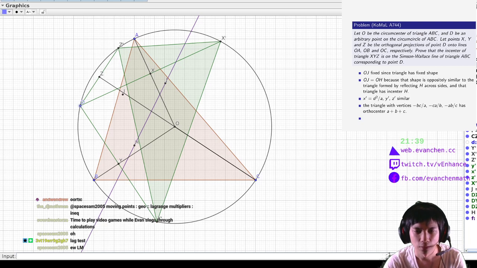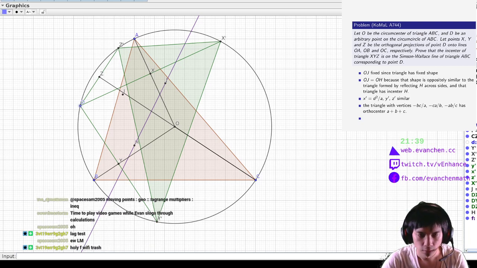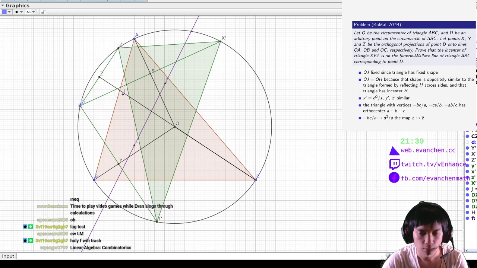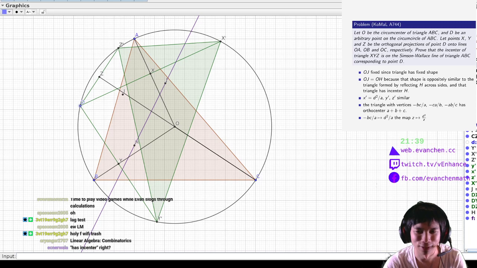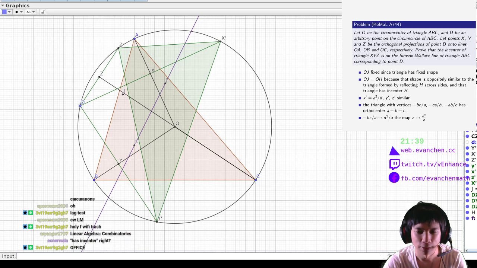No. D squared over z. Sorry, not conjugate. D squared a over bc. Oh, that's a mistake. This should be a squared over d. Ah, so I can't even do one-term complex bashes correctly. Okay, so d squared over z, and then I multiply by abc and divide by d. So it's just abc over z.